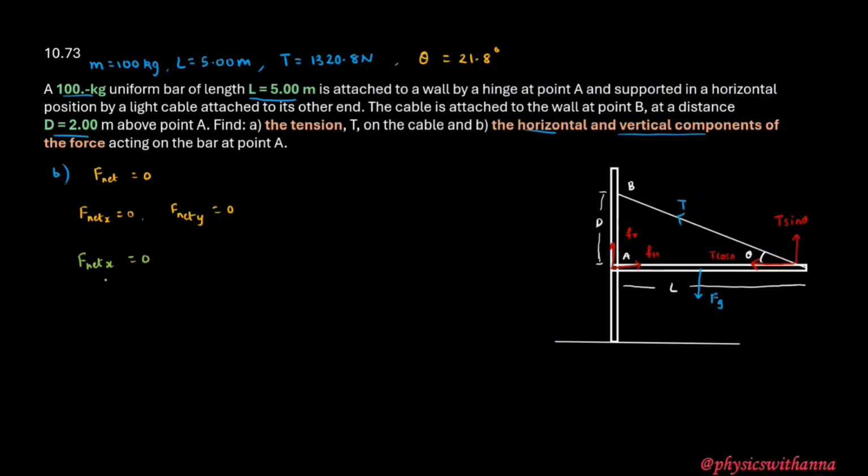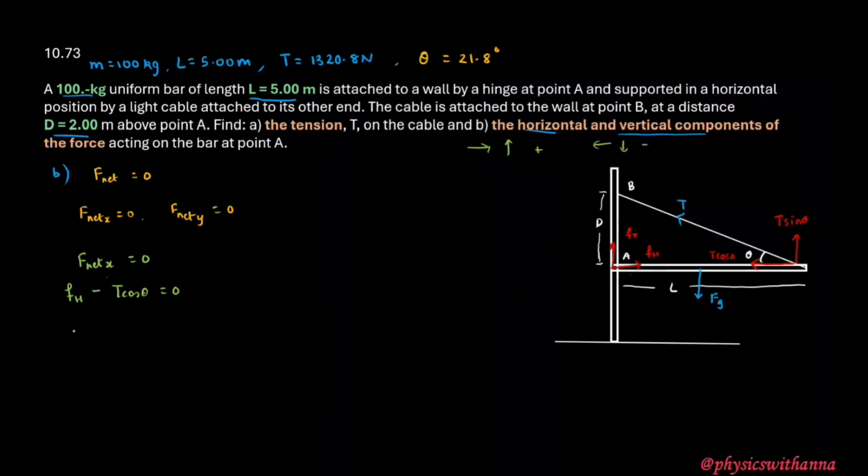Now F net x is the vector sum of all forces acting along the x-axis. We have two forces along the x-axis: FH, which is the horizontal force pointing to the right, and T cosine theta pointing to the left. So we can write this as FH minus T cosine theta equals 0. While writing these forces, we use the sign convention: all forces going to the right or going up will be taken as positive, whereas the ones going to the left or going down will be taken as negative.